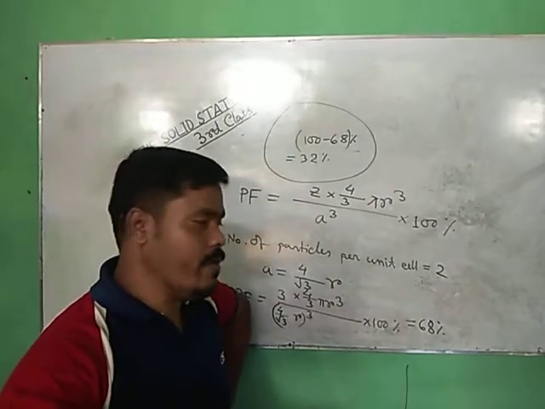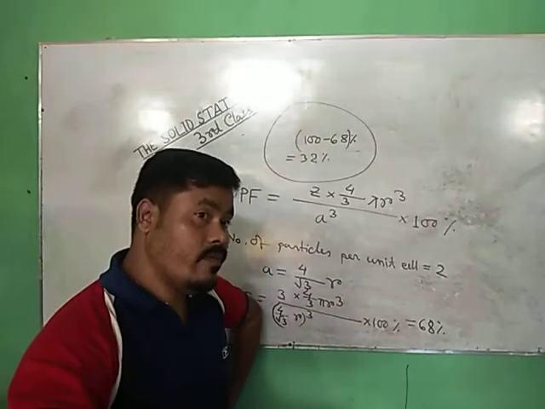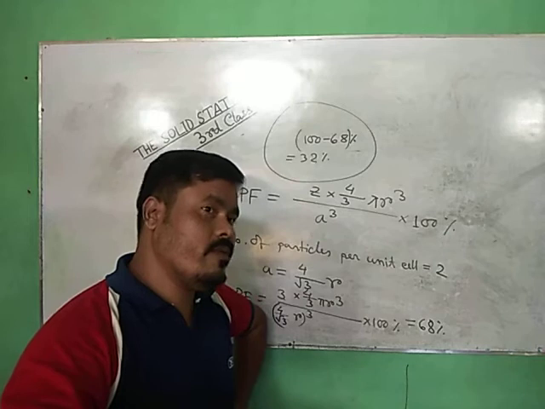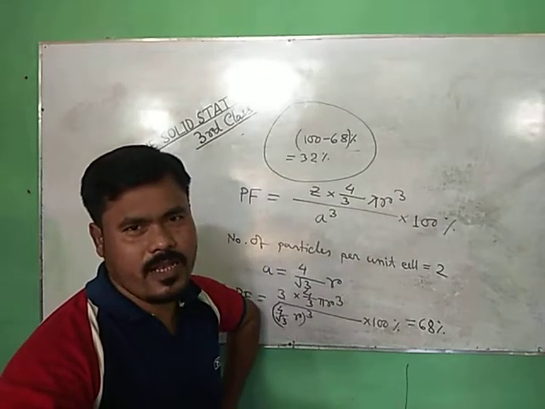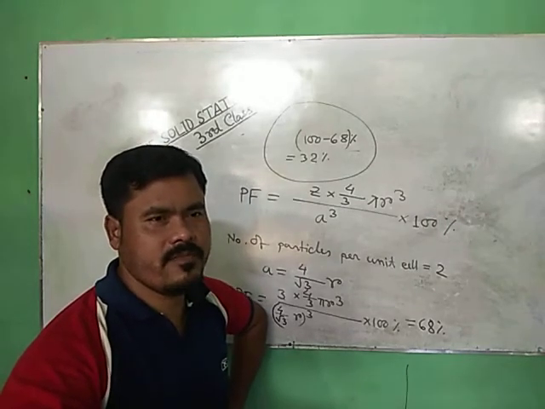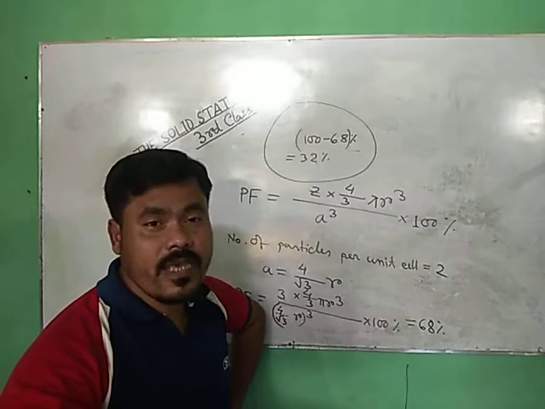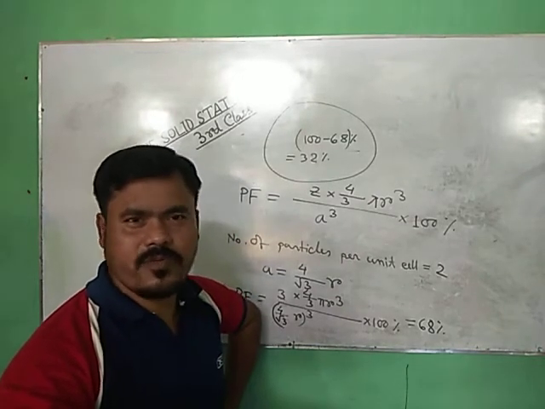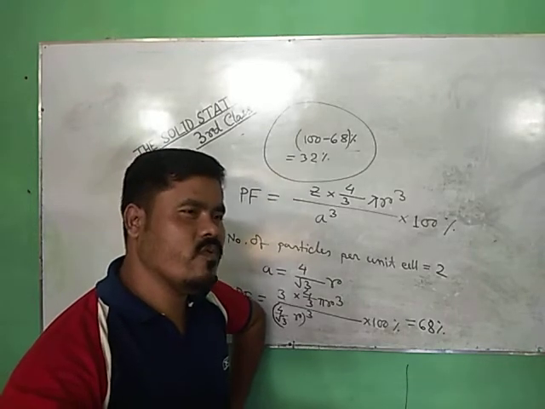We are getting the numerical value, but if you look into the number of particles present per unit cell, from that point also you can tell where packing efficiency is best. In case of FCC, the number of particles is 4, in BCC it is 2, and in simple 1.